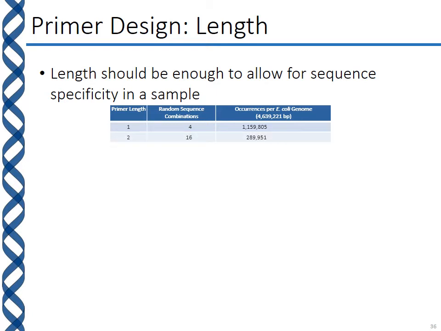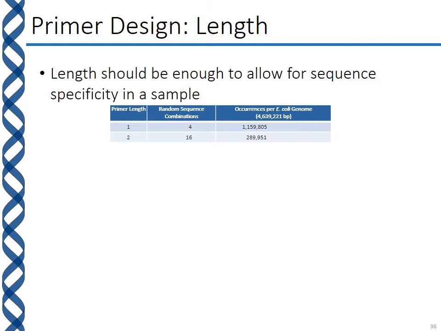So if we look at the second example that we had on the previous slide, where we have a primer length of 2, you have 16 different combinations, and so you would divide the length of the target genome by the number of combinations.